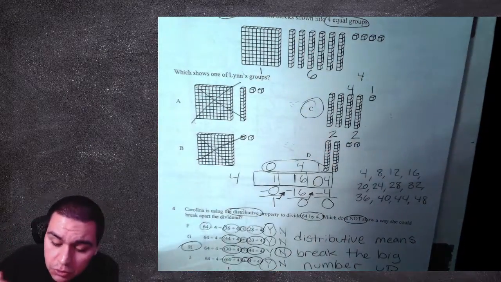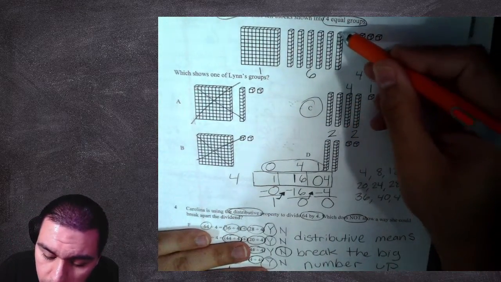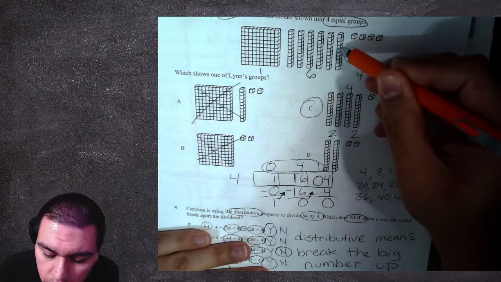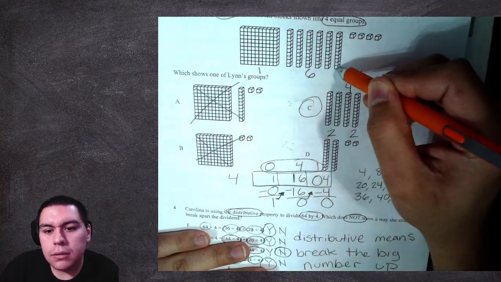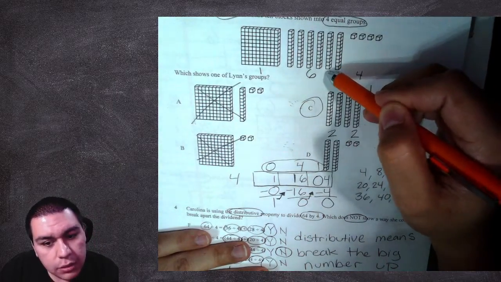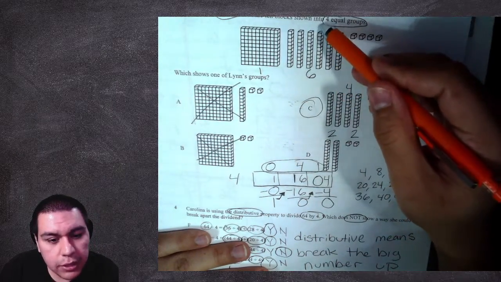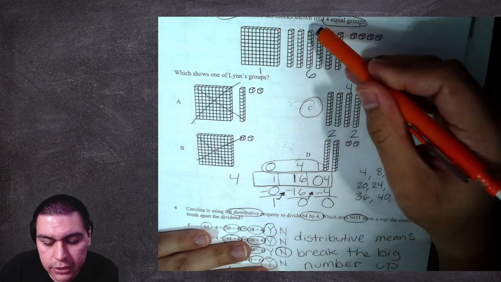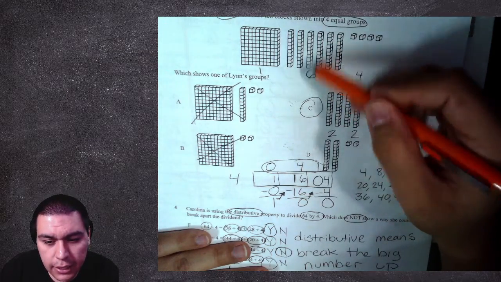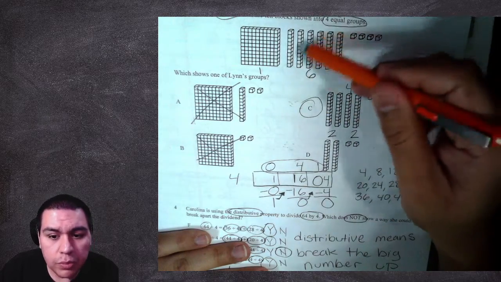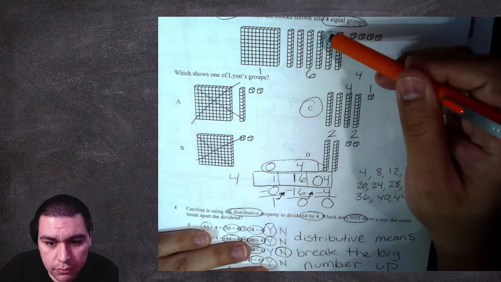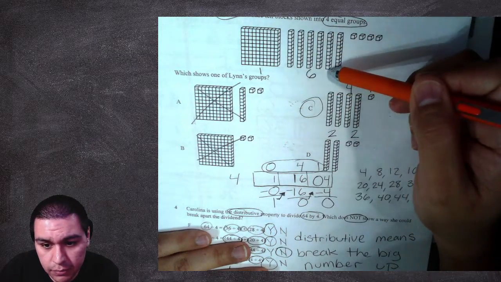And I know that because look what happens when I count them. 1, 2, 3, 4, 5, 6, 7, 8, 9, 10. And if I count the next one, there's 10. The next one has 10. The next one has 10. So these are just in a group of 10. That's why it's a tens place.